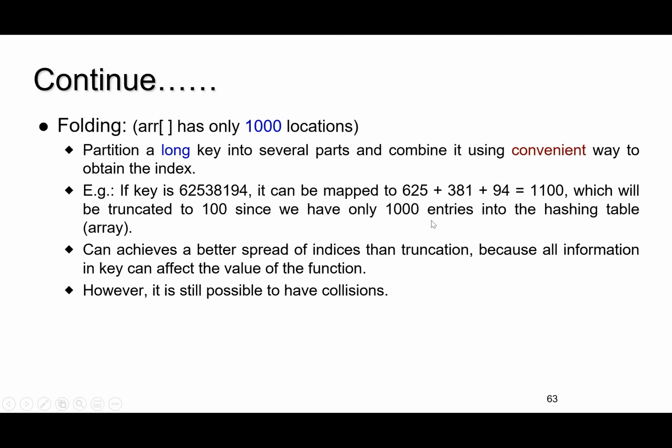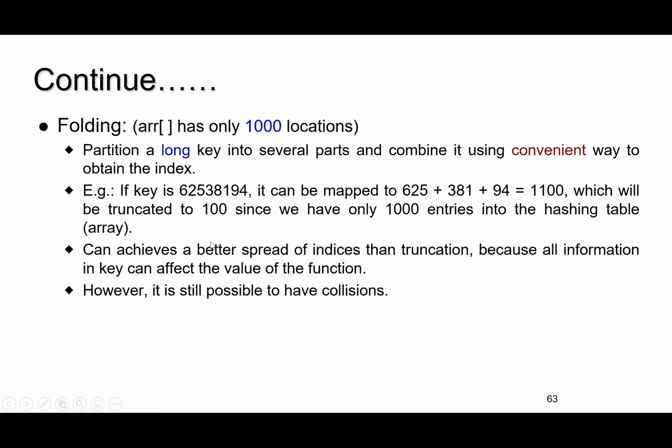If let's say my hash table has 1000 indexes, then 1100 exceeds the index, right? So what I can do is truncate it to 100. If this is what I get, then this data will be mapped to index 100 and stored inside the hash table.